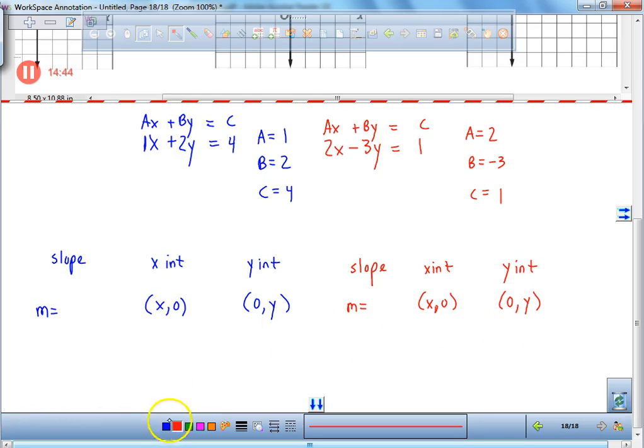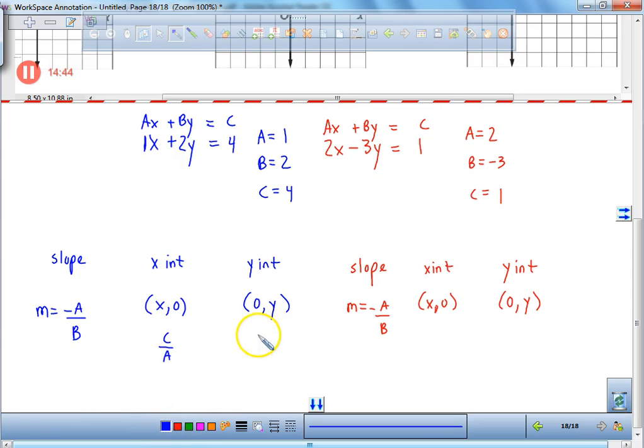All right, so here's kind of a cool formula. The slope, if it's in standard form, will always be the negative a value over the b value. That's what the slope will always be. So over here, I'm still going to put slope will still be negative a over b. The x-intercept will always be the c value divided by the a value.